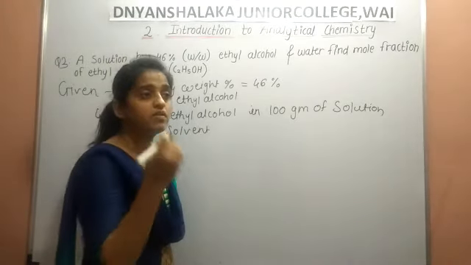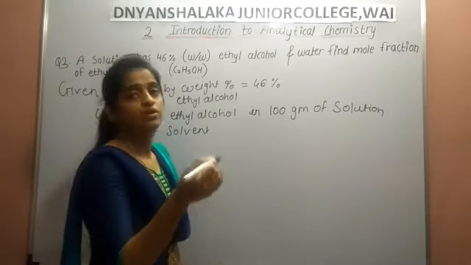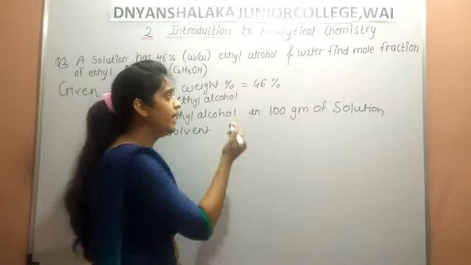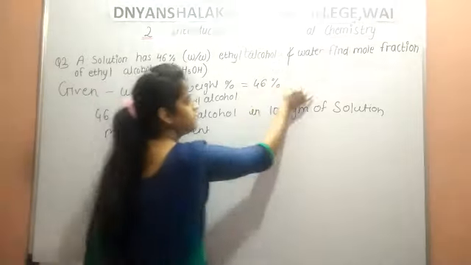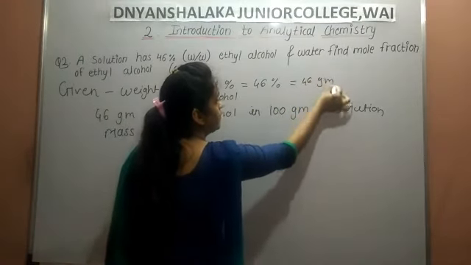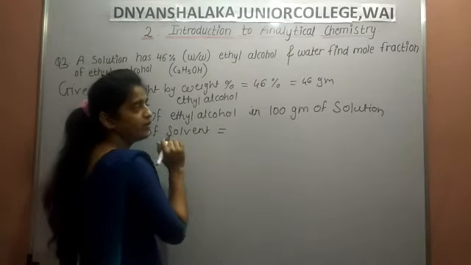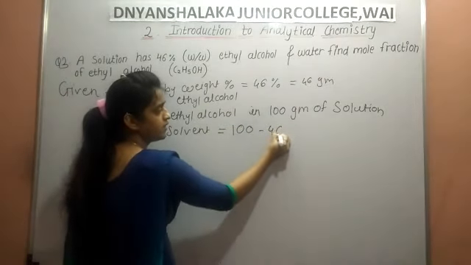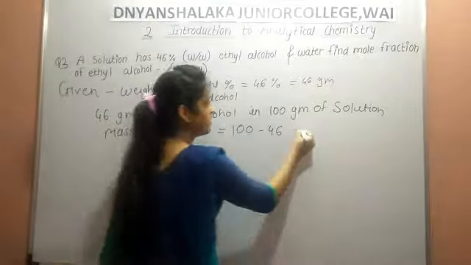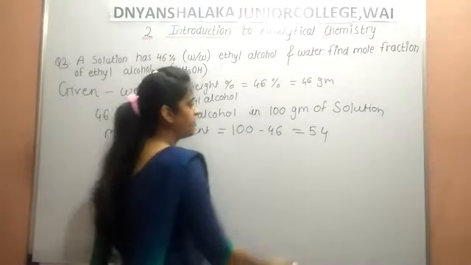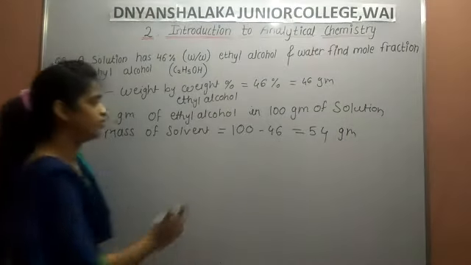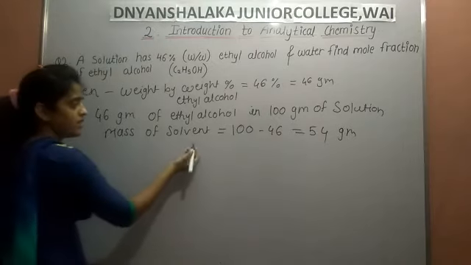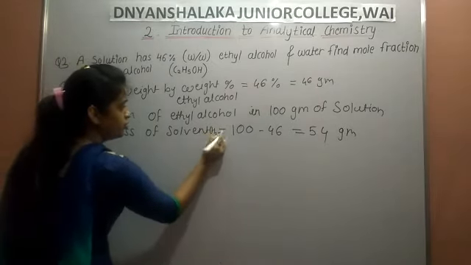So 100% is equal to 100 gram. Any value given in percent can be taken in gram. So here 46% I can write as 46 gram. Here we have to find the mass of solvent, meaning mass of water, H2O.